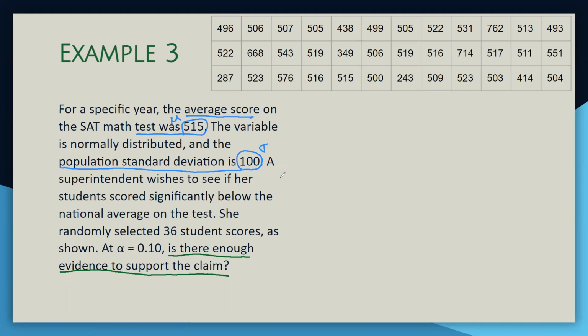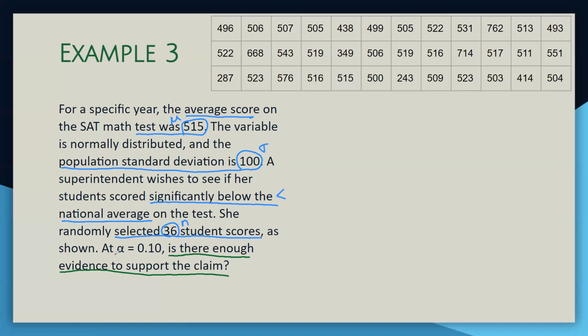And then it says superintendent wishes to see if her students scored significantly below the national average. So that's a less than statement for our alternative hypothesis. And it says she randomly selected 36 student scores. So that's our sample size.